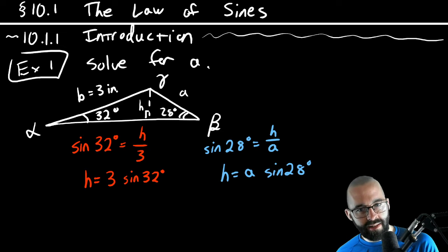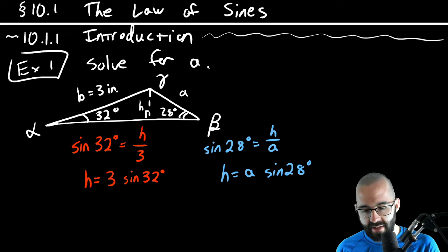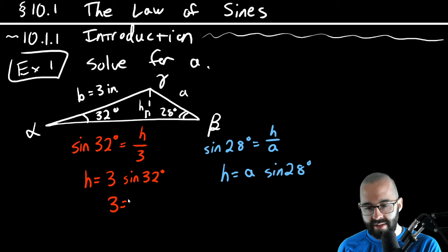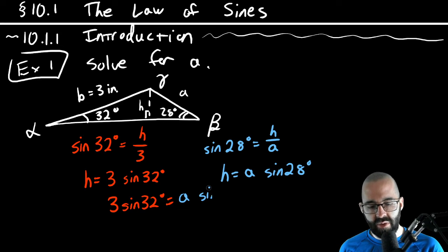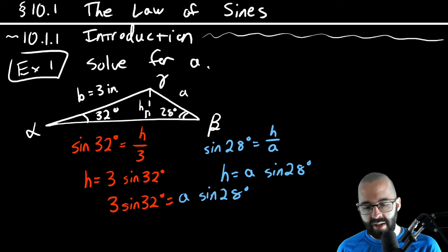If H is one thing and it's the other thing, then those things must be the same. So specifically, 3 sine of 32 degrees equals A sine of 28 degrees. And this step right here, we're not done with the problem yet.